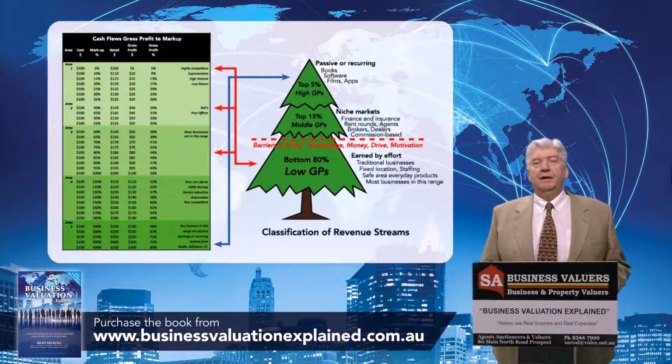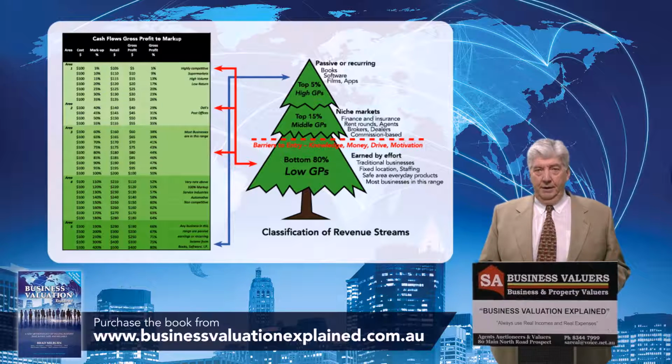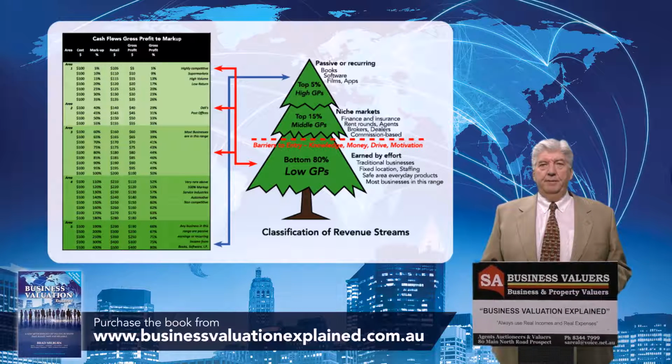In other words, they cannot make more than 50% gross profit. They may buy a pen for $1 and sell it for $2, which is 100% markup, but they only make 50% profit. It's the businesses at the top of the tree that make very attractive income or cash flows. These cash flows are worth a lot more than the ones at the bottom of the tree.